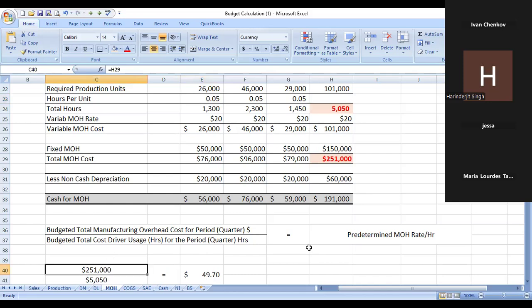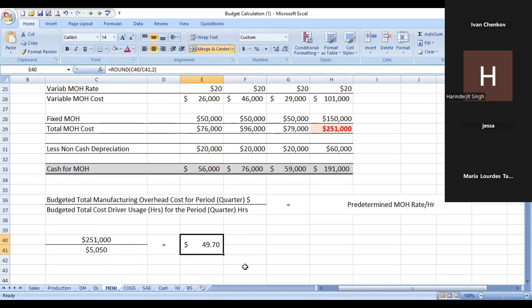And 251,000 divided by 5,050 is going to give us the predetermined manufacturing overhead of $49.70. Why do we need that one? To come up with the cost per unit.